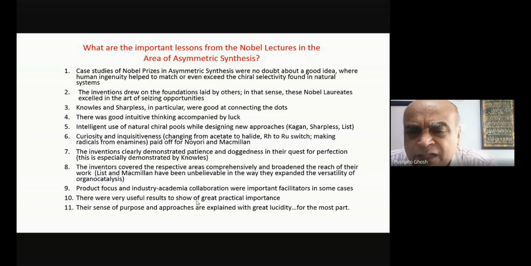Let's not kid ourselves. It was already there. Proline was used as a catalyst. So I don't think that they can claim credit for that. But the way they expanded and made the whole area useful, and the fact they're doing these things with almost edible catalysts, you can imagine what a huge change.